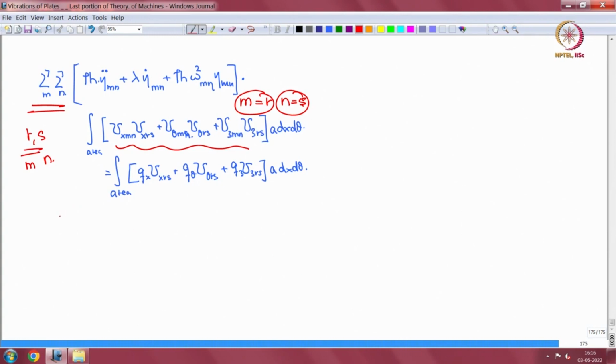So what I get is rho h eta mn double dot plus lambda eta mn dot plus rho h omega square mn eta mn is into, okay, gamma mn, or sorry my mistake, N mn, that's what we have been using, N mn, okay, is equal to this area into this forcing term.